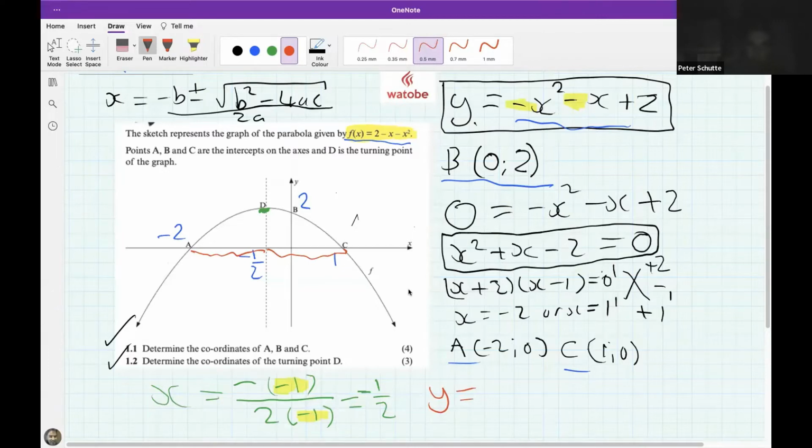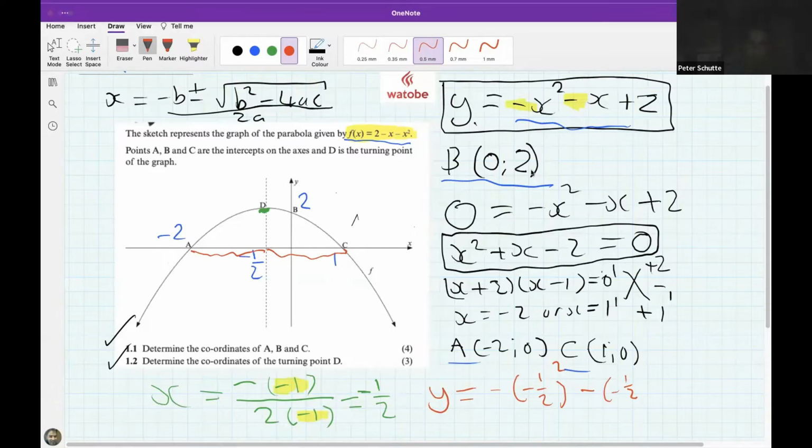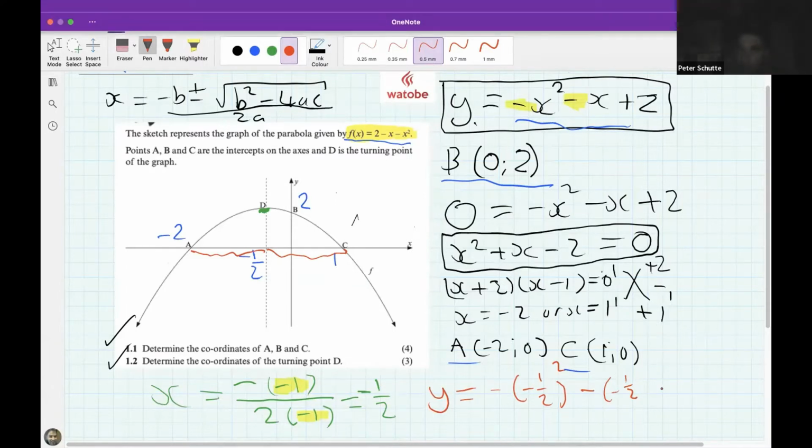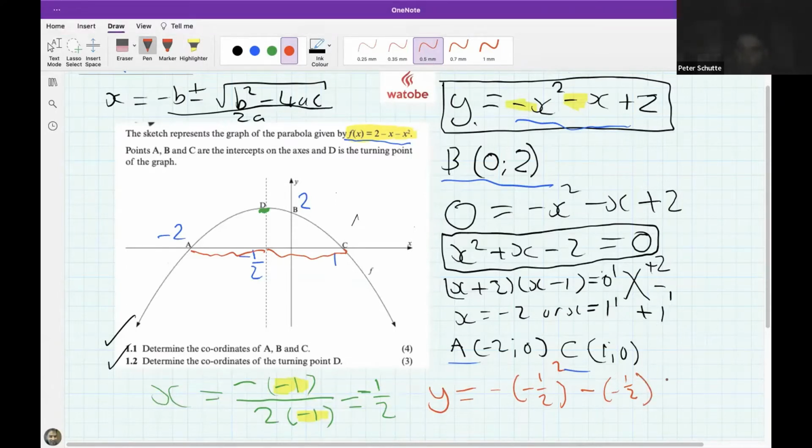You take your negative. So you do this and you go -1/2 squared minus -1/2. And then what's this? Sorry, the Zoom bubble keeps getting in the way. -1/2 and then +2.